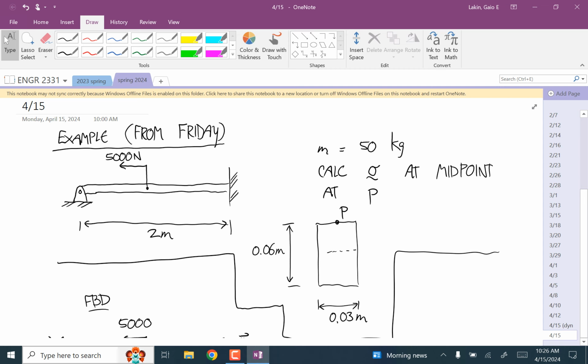If this was a problem where the bending moment function changed at the middle, we would also have two conditions at X equals 1: the deflection according to the left function equals the deflection according to the right function. We don't know what it is, but they have to match. Does that make sense?